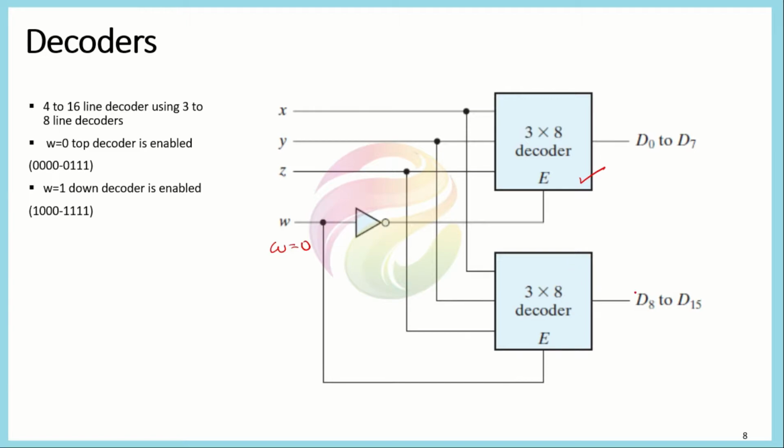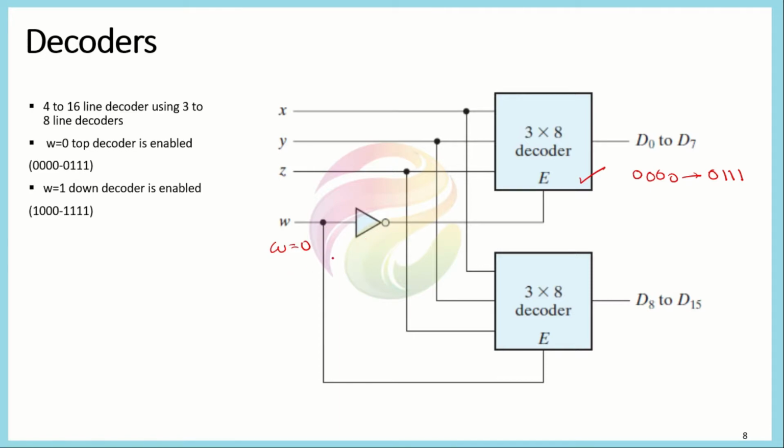When it is disabled, it produces all zeros, and the enabled one would be producing outputs for the input range from 0 0 0 to 0 1 1 1, because W is equal to 0 here and the rest would be changing from 0 0 0 to 0 1 1 1. So this would be producing different outputs for D0 to D7.